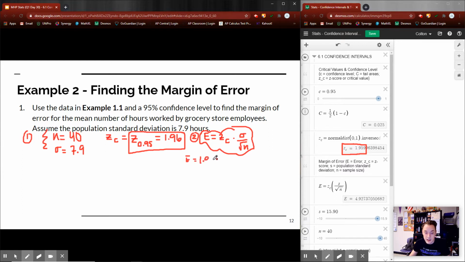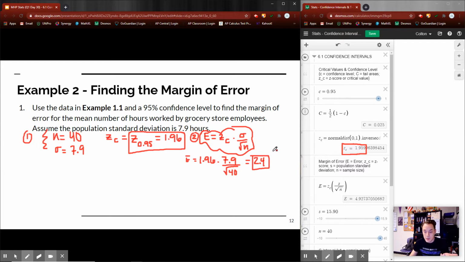I'm going to substitute that in, times, now what did we find for the population standard deviation? It is 7.9. And this is all over the square root of our sample size, which hasn't changed, and that's 40. When I plug this into the calculator, I get 2.4. So this is my E, my margin of error.